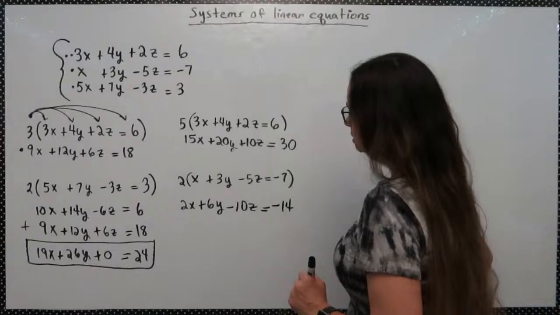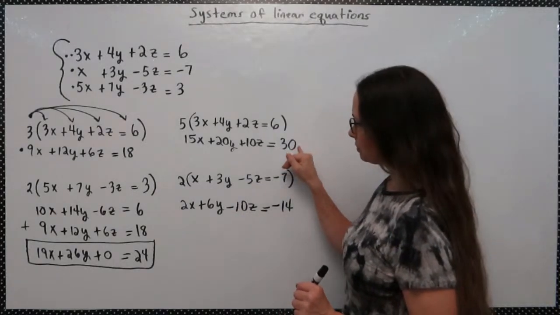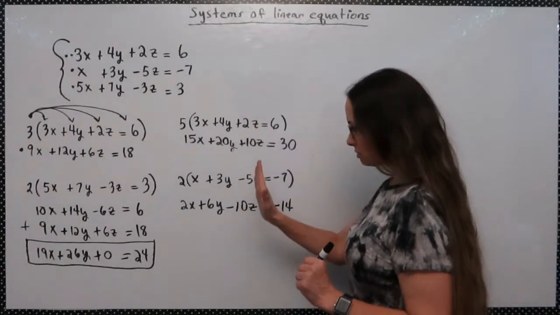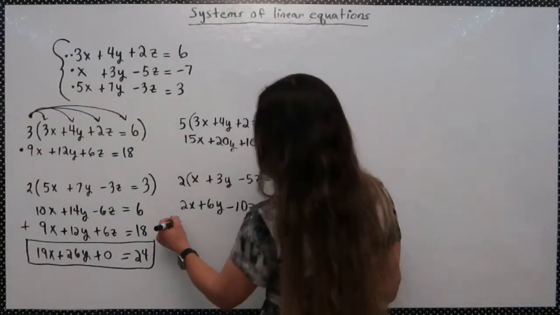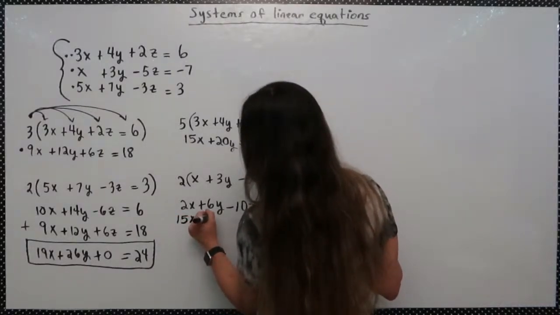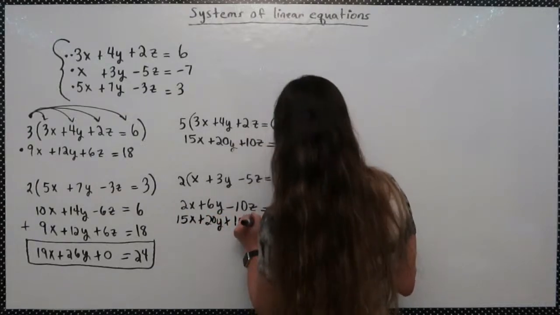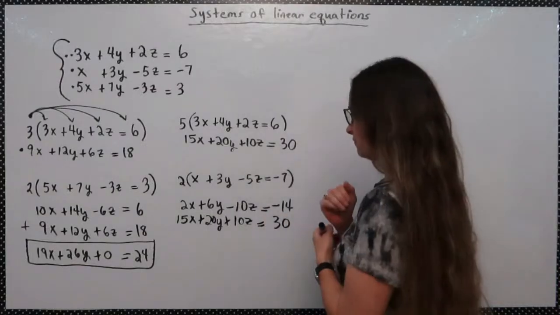All right. So now I'm just going to repeat that process I did before, and I'm going to rewrite this one underneath this one, making sure the terms are all lined up so I can add them efficiently. So 15x plus 20y plus 10z equals 30. Perfect.